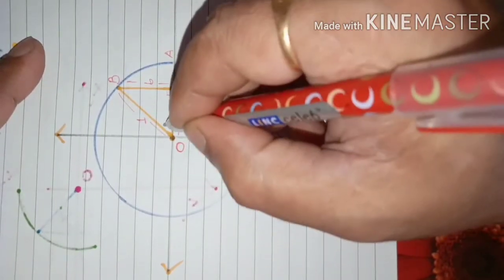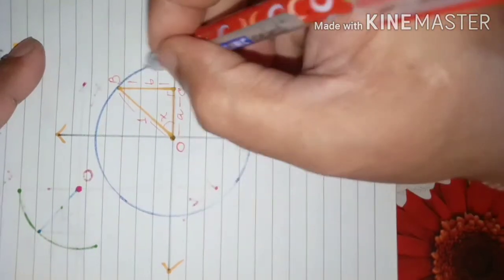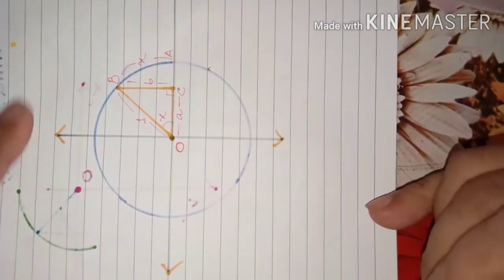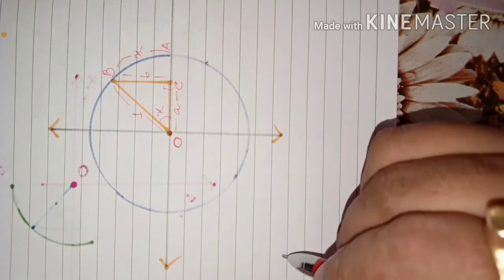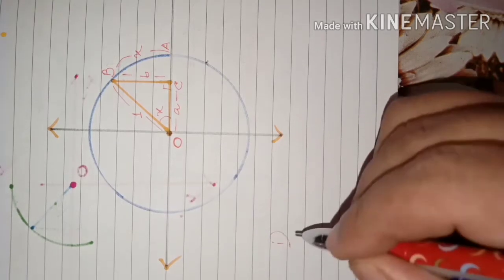This is a 90 degree angle, this is x radian, and the length of this arc is x unit. Using this circle, let us write sine, cos, and the remaining key ratios.